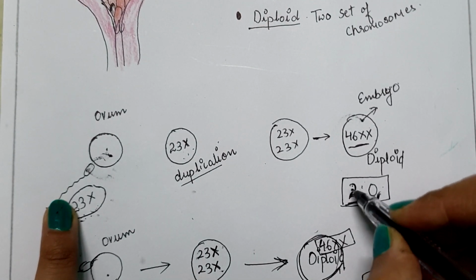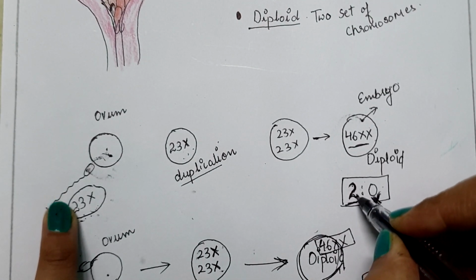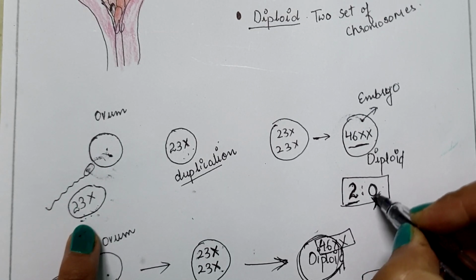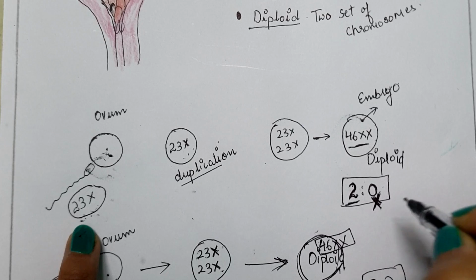And here I write two sets of chromosomes from the paternal side and no chromosomes from the maternal side.